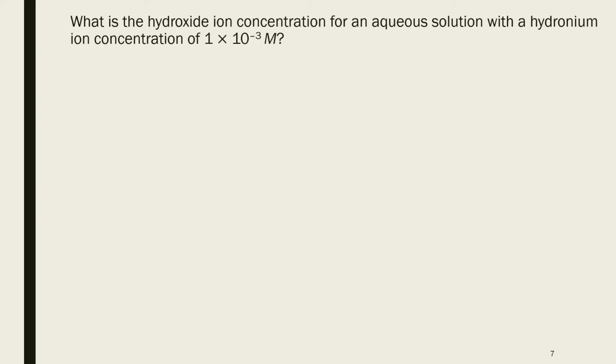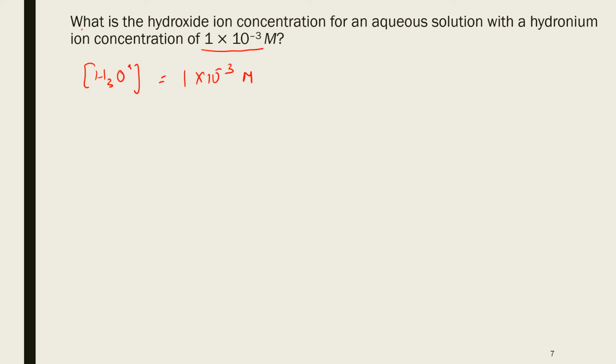So let's use the concept of ion product of water to solve this problem. In this problem, we have an aqueous solution with hydronium ion concentration of 1 times 10 to the negative 3. So in other words, we know the concentration of hydronium ions, and it is equal to 1 times 10 to the negative 3.